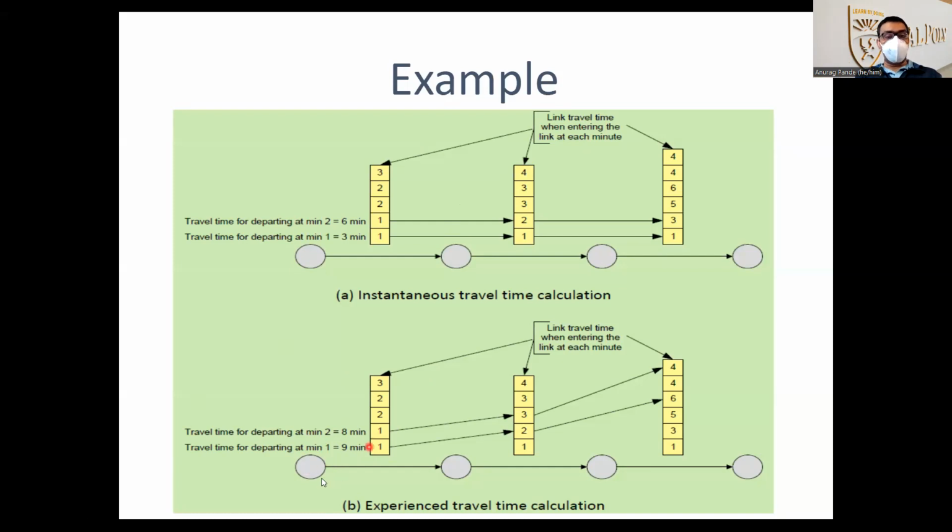You took 1 minute to travel through this link, and you arrive here at t equal to 3. Okay, so now the travel time on this link will be based on the third box. So that's what it's showing you. It's basically these arrows are pointing to what will be your travel time on these different links. Okay, so now you arrive here at t equal to 3, you took 3 minutes.